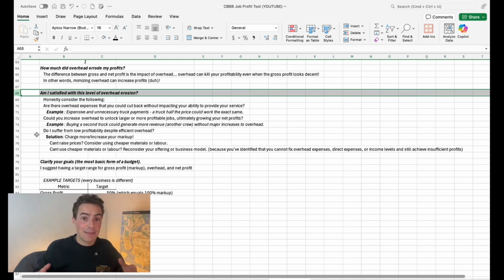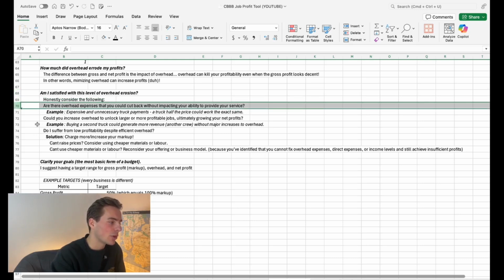If you want to completely maximize the efficiency of your business, then yeah, you're going to want to dial it back, but maybe you're happy with spending some money on overhead because of the benefits it gives you, like nicer tools or very high quality indirect labor, like high quality bookkeeping services or administrative services. These qualitative factors will all come into play. So just ask yourself if you're satisfied with your net profit margin, and if you want it to be higher, how can you optimize your overhead to do so?